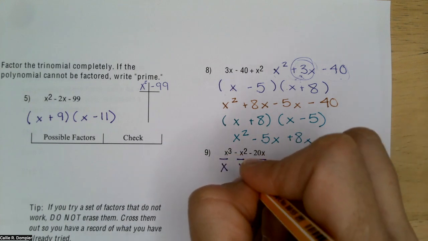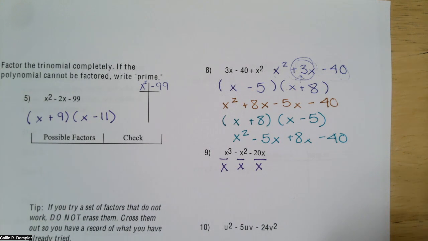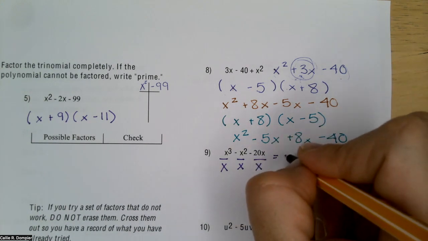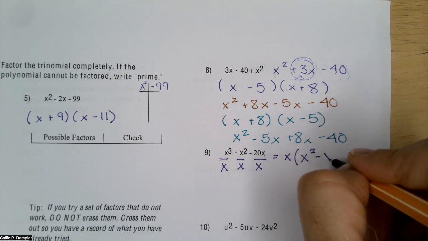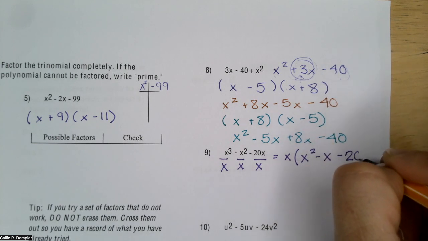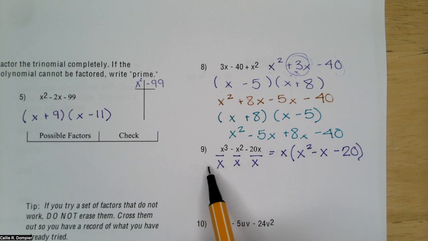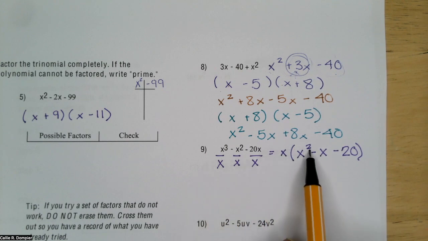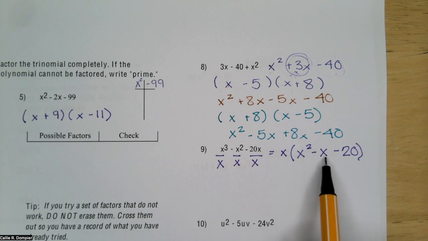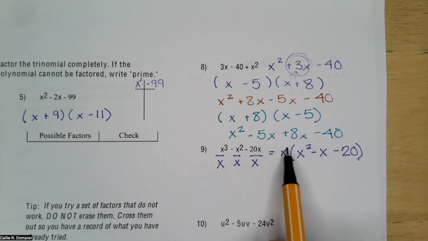They all have a factor of x. So this becomes x times x squared minus x minus 20. I didn't factor out a negative x, I factored out just an x because I want this positive. It's okay that that's negative, it's okay that that's negative, it's best that this is positive.